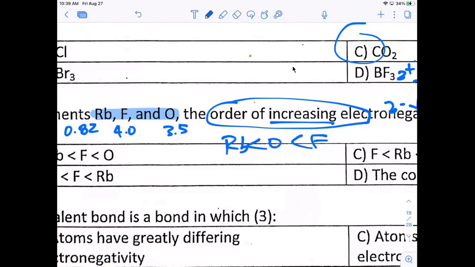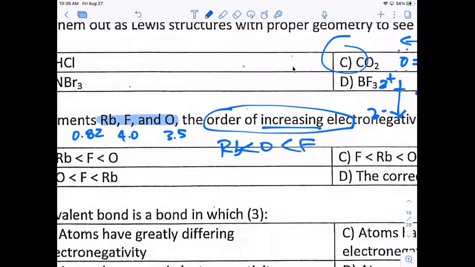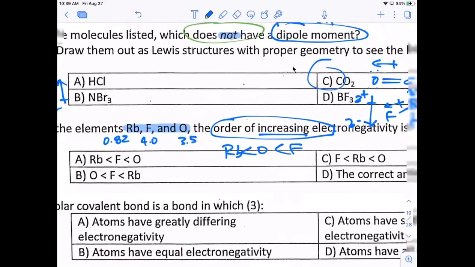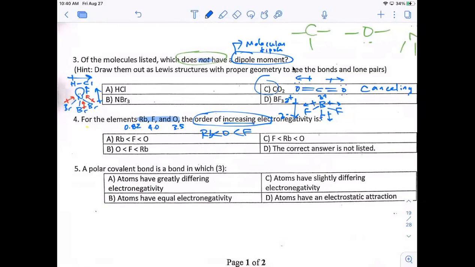Is that right? Yes. All right, so question is, which answer is correct? Do we have that answer listed? No, we do not. So that answer is not available to us.